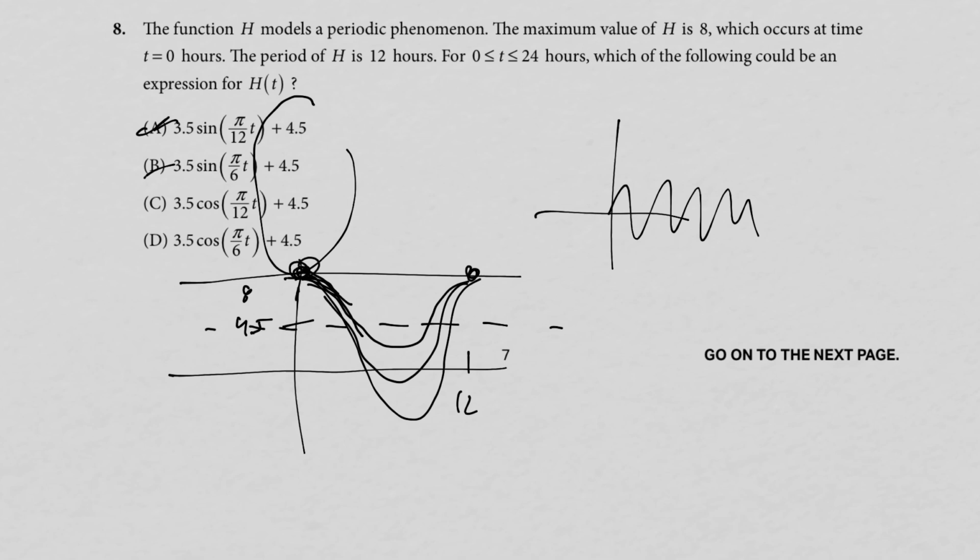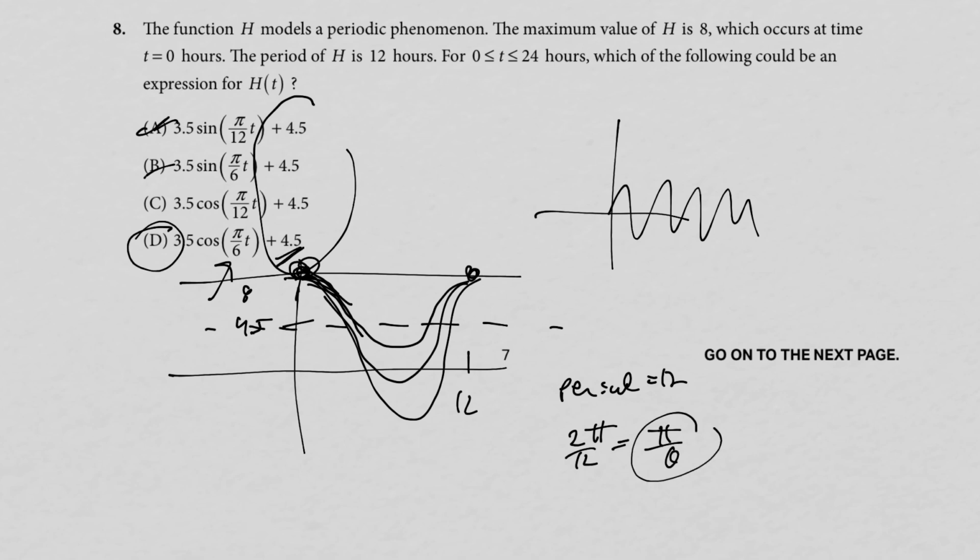The period is 12, and that makes the b value 2 pi over 12, which is pi over 6. The 4.5 in the middle and the 3.5 there could have been a problem, but they all have that, so we don't have to worry about it. But the fact is 4.5 plus 3.5: if the midline is 4.5, the amplitude has to be 3.5, so it gets from the middle to the high point.